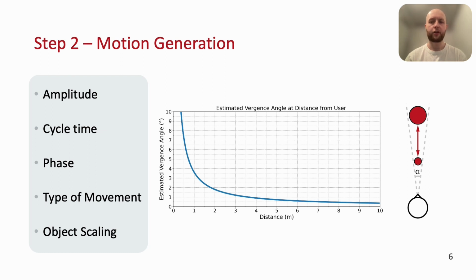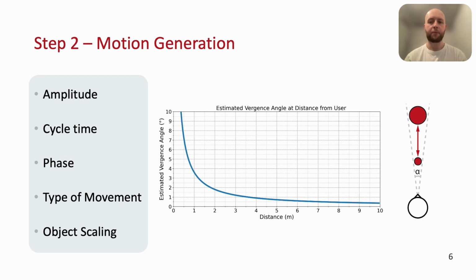And to maintain a constant rate of change of a Vergence angle, object speed must then be nonlinear. So we determine speed based on the cycle time. So how far does it go for a movement to go back and forth? And then we also rely on phase to make motions temporally as unique as possible.